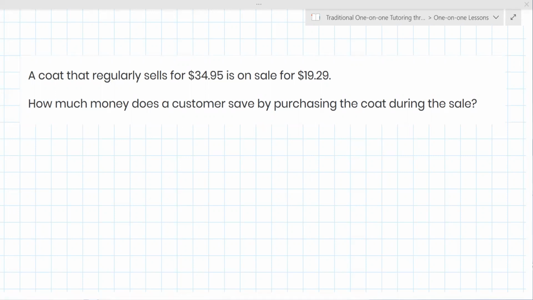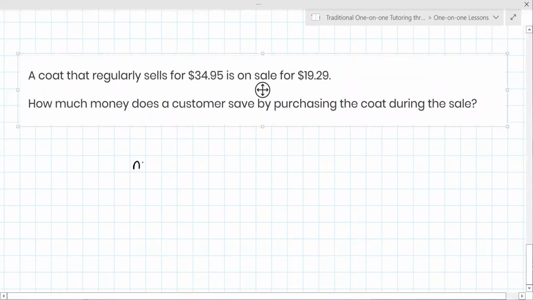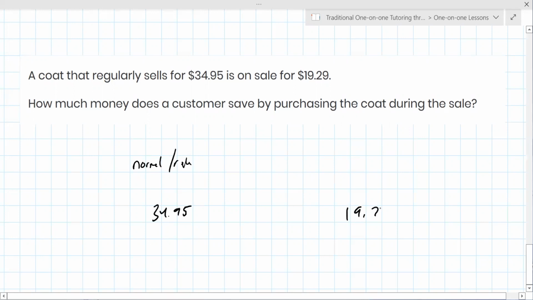Okay. I think we subtract. Yes, because if you draw a picture, here's the regular price, 34.95, but you actually pay this. And so how do you get from there? You have to subtract.